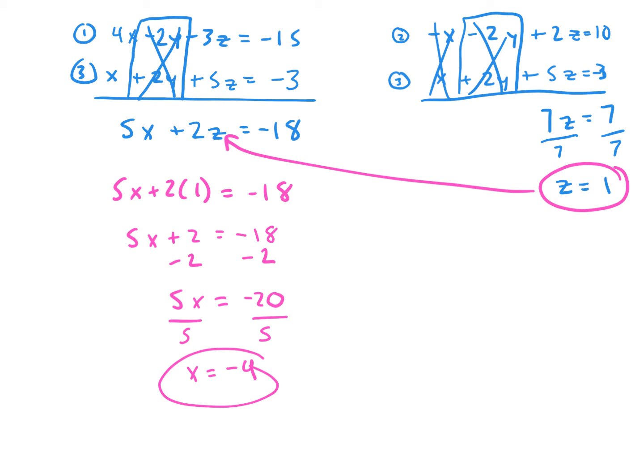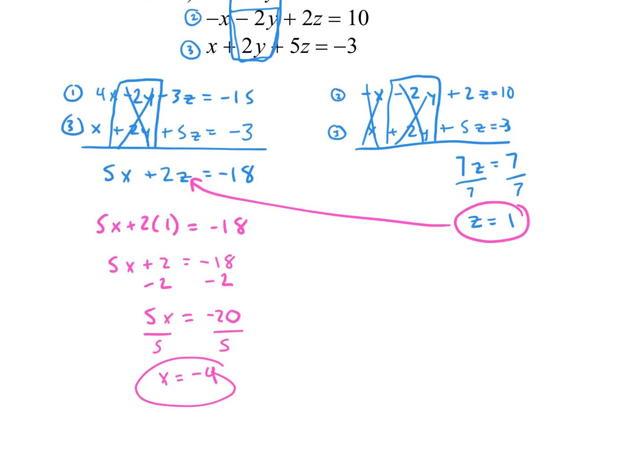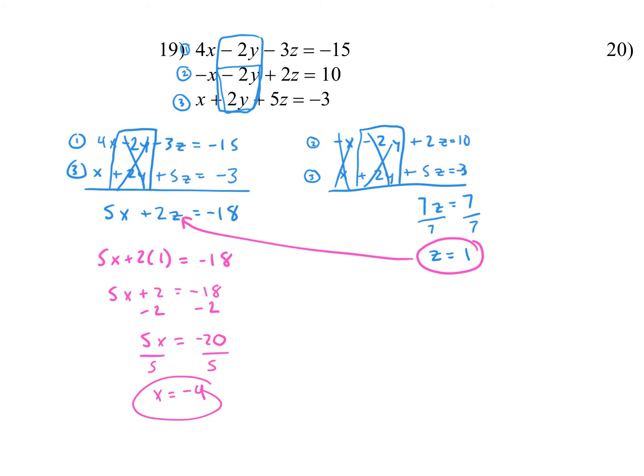So I found x, and I have found z, so how do I find y? Plug both of them in where? To the first equation. I can plug it into any one of the original equations. Royce is the first one, so we'll plug it in there. So I have 4 times negative 4 minus 2y minus 3 times 1 is equal to negative 15. So first thing I want to do is multiply, just to simplify a little bit.